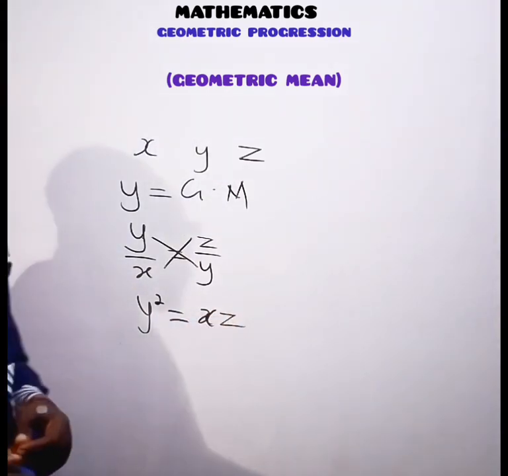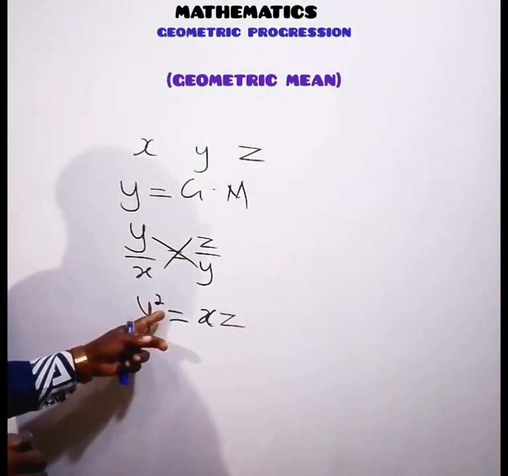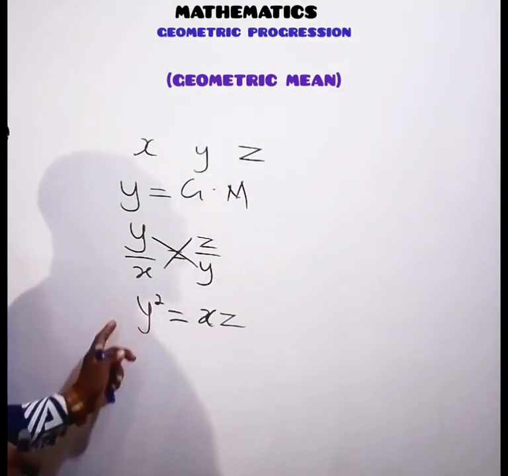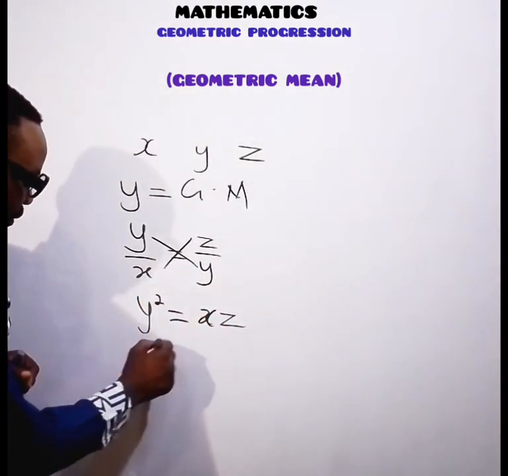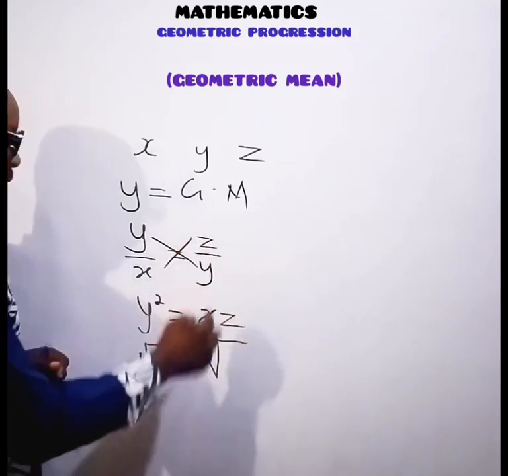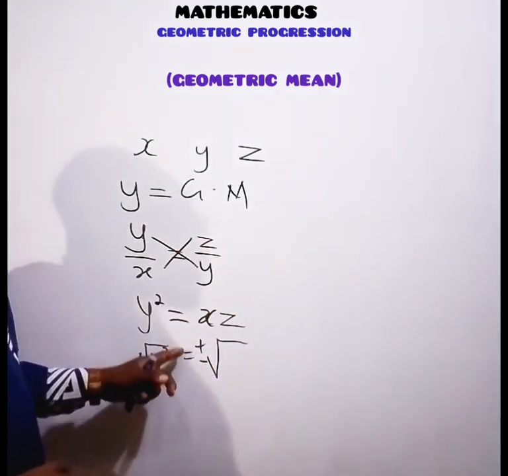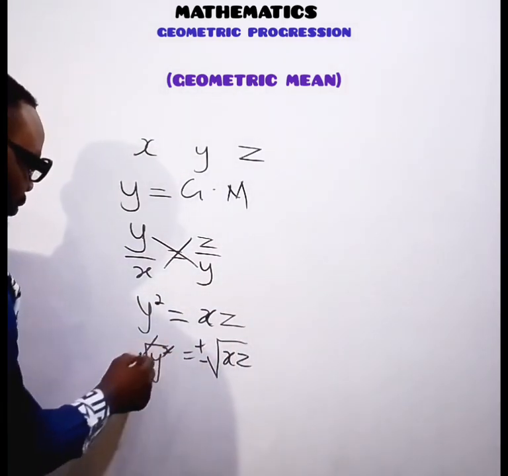Now, for us to find the value of y, we find the square root of both sides. The square root of y squared is equal to the square root of xz, where you put positive or negative. So this one will cancel this.